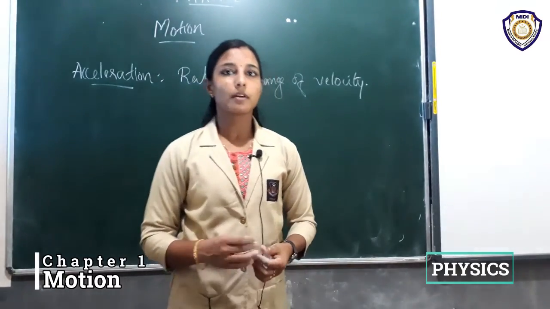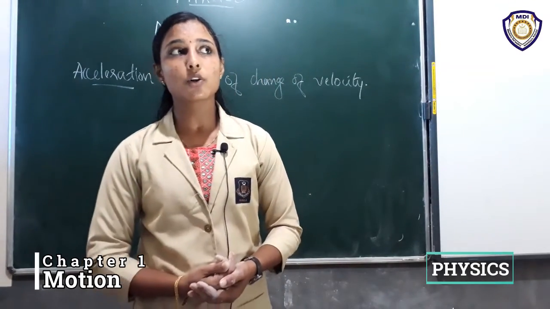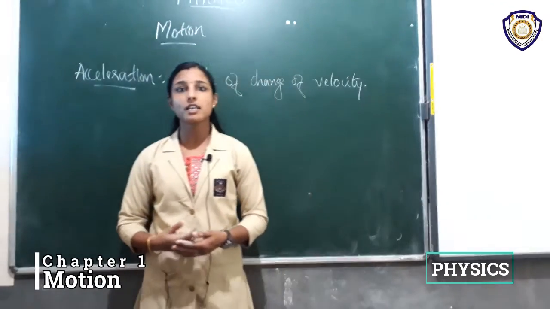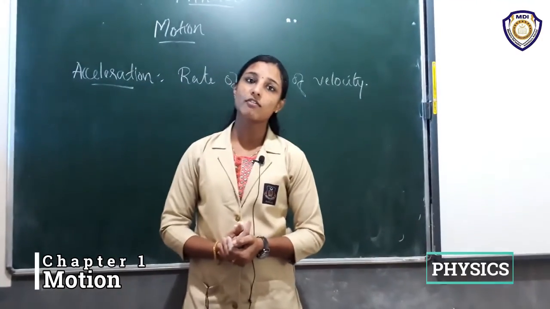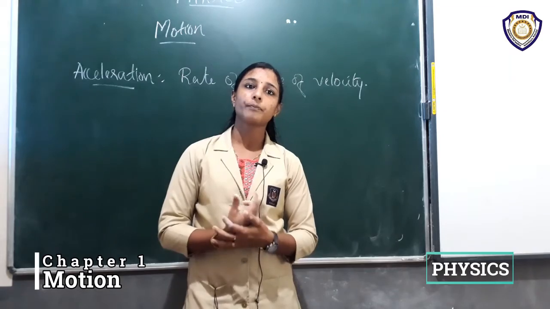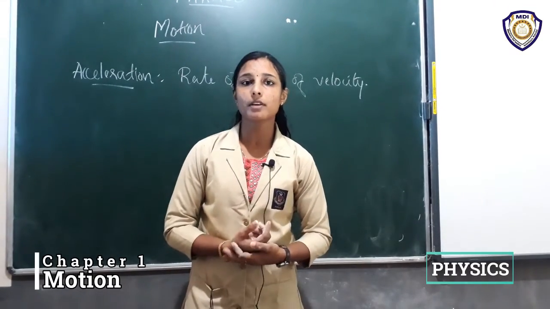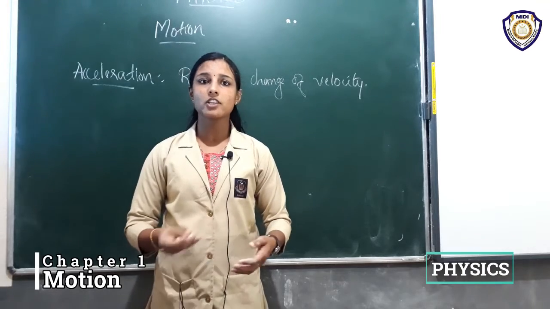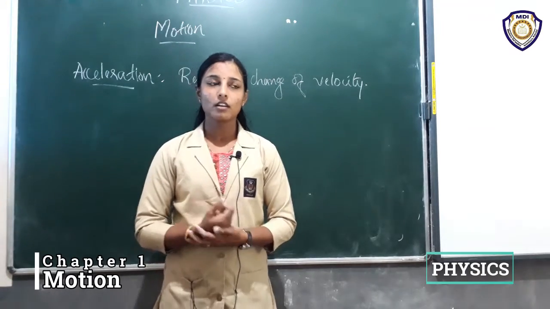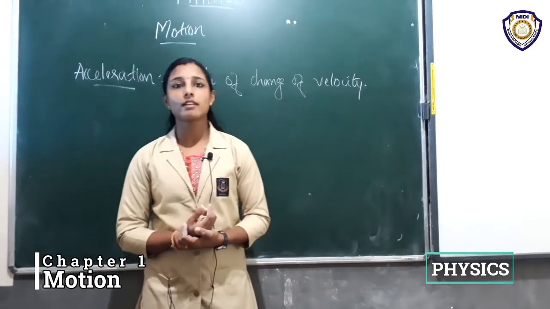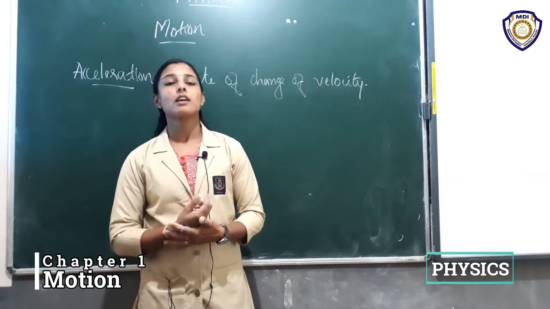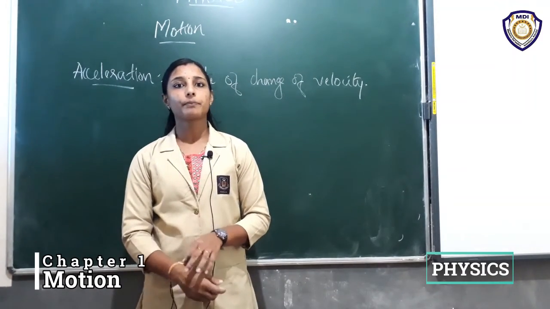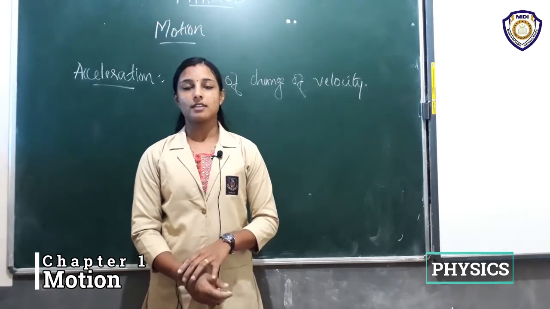And if the object is in non-uniform motion, what does it mean? Non-uniform motion means it has some change in velocity, right? So in a non-uniformly moving body we can speak of the change in velocity.